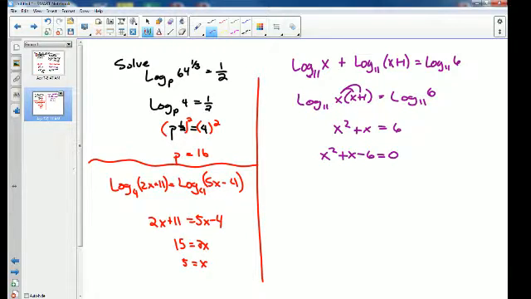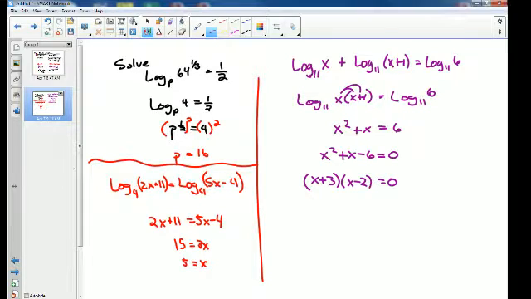Right there. And then you factor it into x plus 3 and x minus 2. Yeah, you can factor that. And then you get negative 3 and 2. I can do everything up until you start factoring.